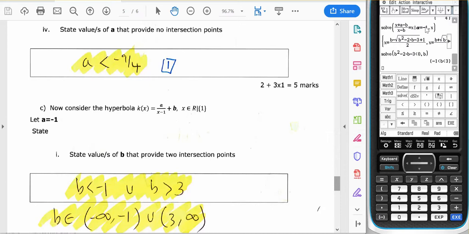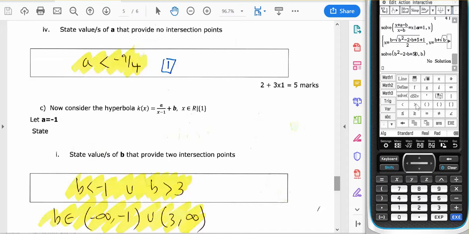If I make a equal to +1, then I get this expression as my discriminant. And if I look at -2b plus 5, then I get no solution for it being less than 0. I get no solution for it being equal to 0.